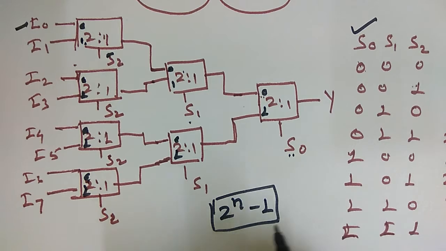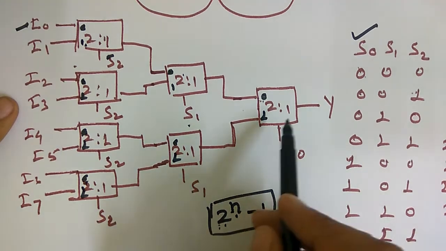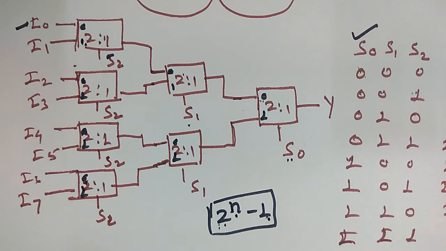We saw that when implementing the 4 raised to 1 mux using 2 raised to 1 mux, n was 2, so 2 raised to 2 is 4, 4 minus 1 is 3, so we require 3 mux. And here we require 2 to the power 3, 8 minus 1 is 7, so we require 7 mux of 2 raised to 1. So this is the required number of mux when we implement using 2 raised to 1 mux.